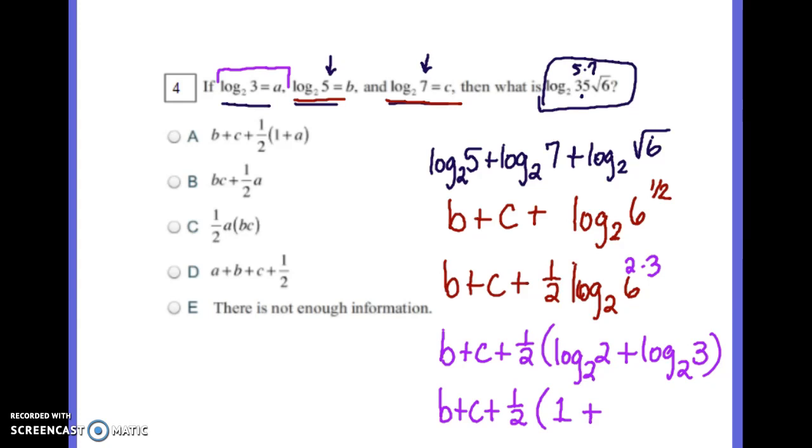And then that last logarithmic expression, log base 2 of 3, was up in the problem statement and is equal to a. So I replace that portion with a. Then as you compare answer choices, you have something that matches up with answer choice A.